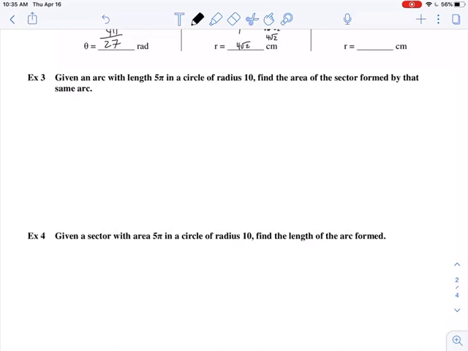All right, example 3. This one is going to call back a little bit to what we did with the arc length. If you remember, the arc length formula was that S equals theta times radius, and S is the arc length. Okay, so we're going to have to use that.